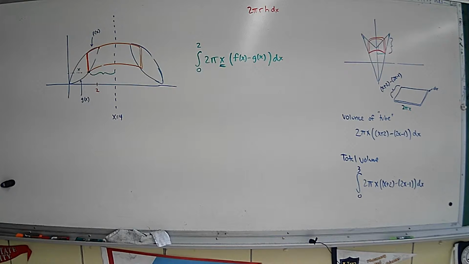So the 4 would go first. And then, how far away from 4 is this right here? If this distance is x, and the whole thing is 4, how much is this? 4 minus x.